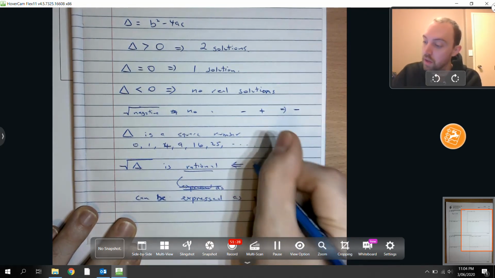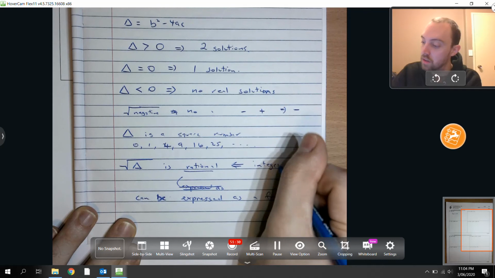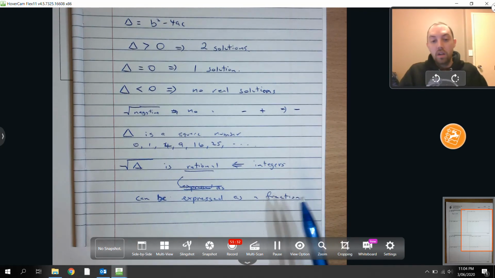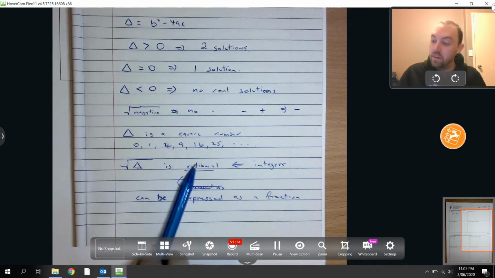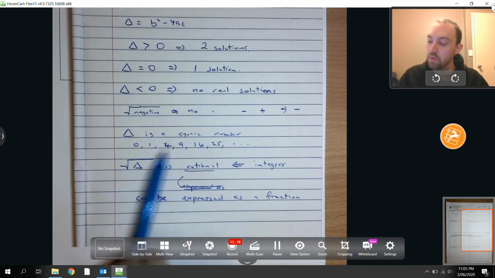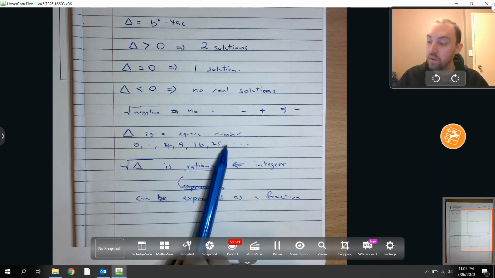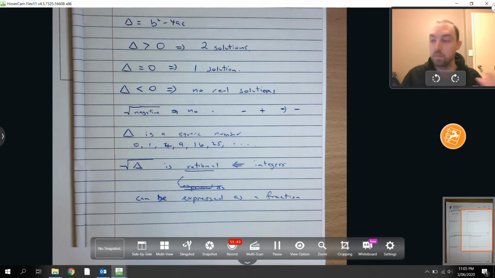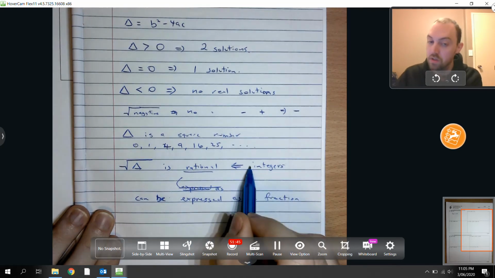Mostly what we're looking at here would be integers. If the square root of your discriminant is rational, usually integers, so 1, 4, 9, 16, 25, the square root of 25 is going to give you plus or minus 5, integers.